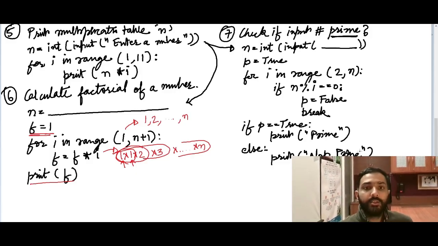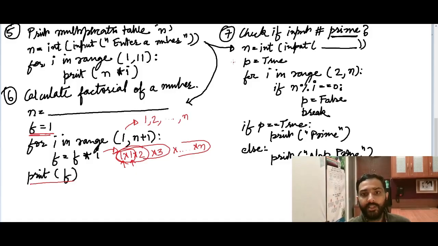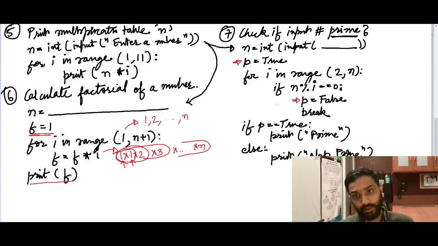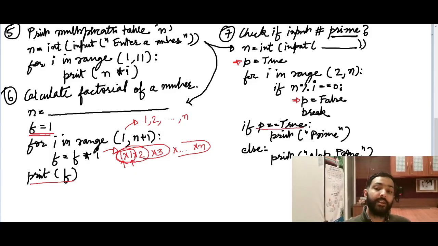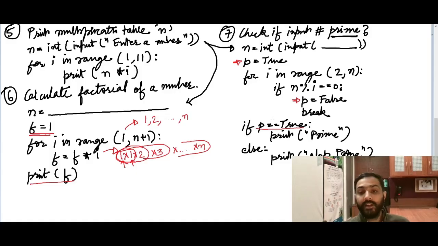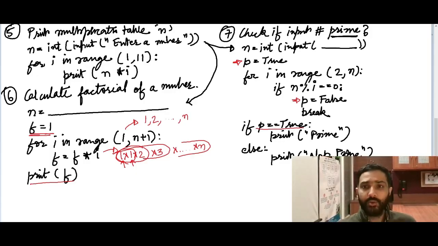Now a few things are to be noticed here. First of all, this variable we have taken is new. This is the new line which we are adding, and in the while program we used to check if i equals n or not. In that place we are checking if p equals true or not. So let me explain what is going on here.